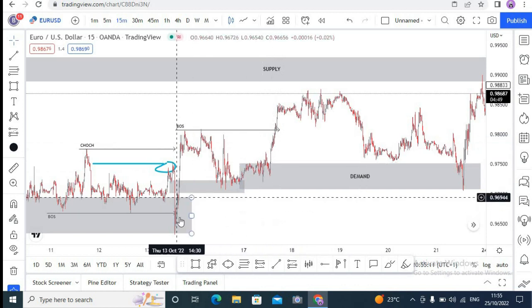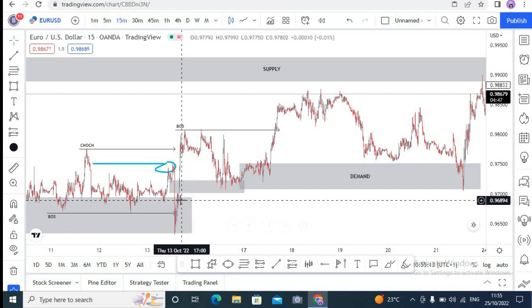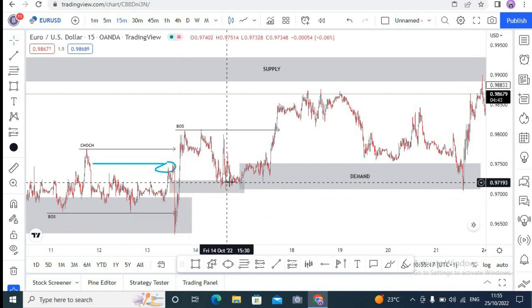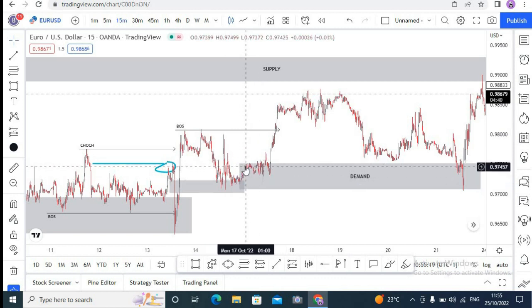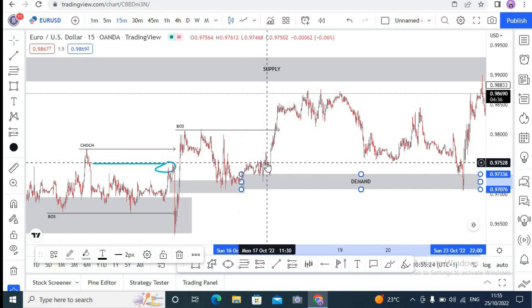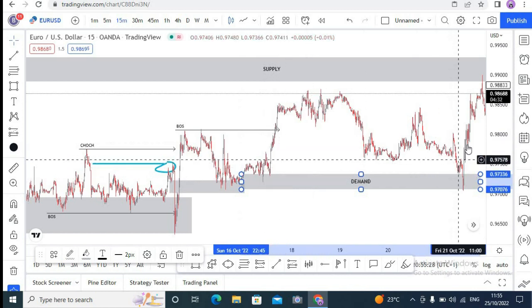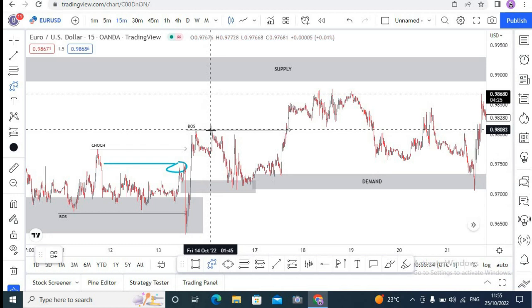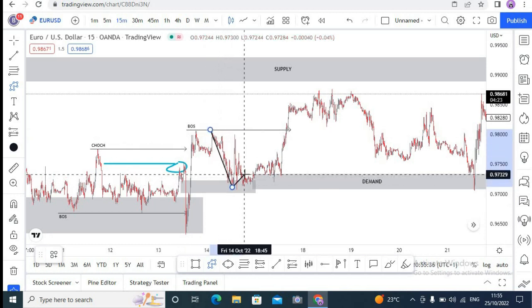You can see in this scenario, price didn't come back to the order block, but they came back to the breaker block level, right? And then now you can see here clearly that the price did come back to the order block or the demand zone area, and then they shifted the market going where, to the upside, and you can see that the price just came back to this zone area which we call our base area, right?